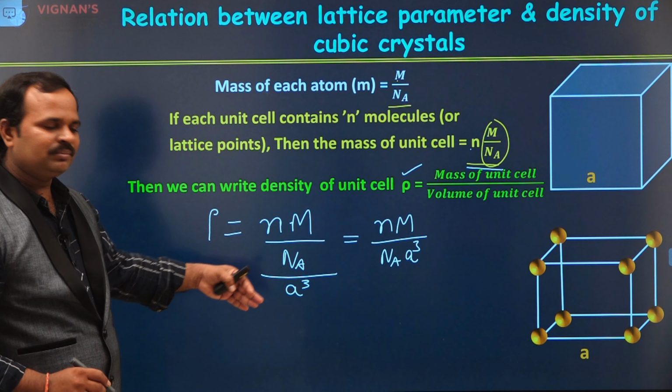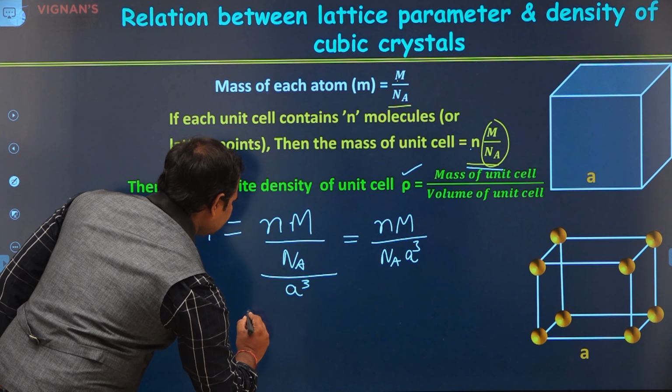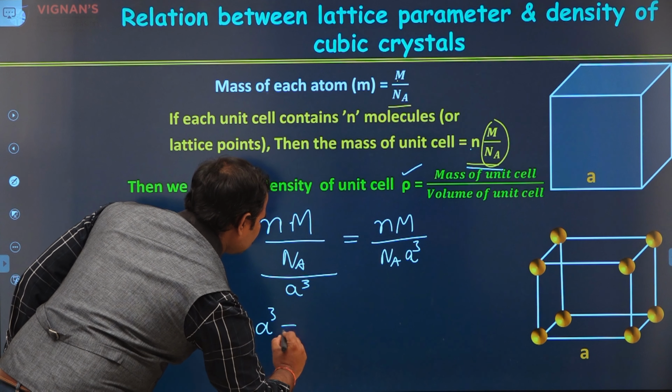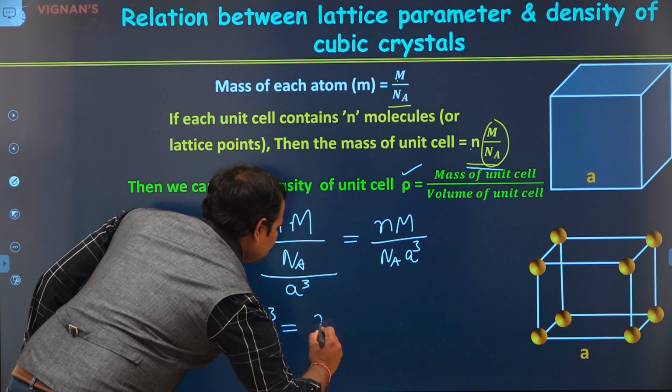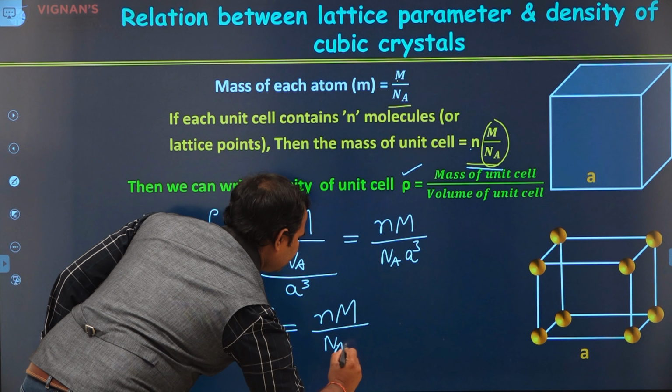We can rearrange this more easily. Now we can bring this a cube here: a cube is equal to nM by Na into rho.